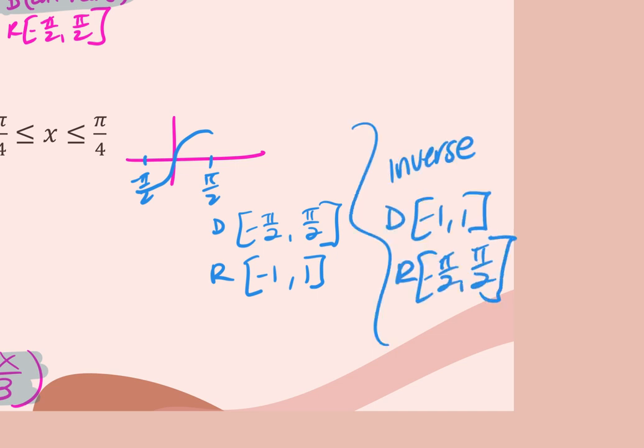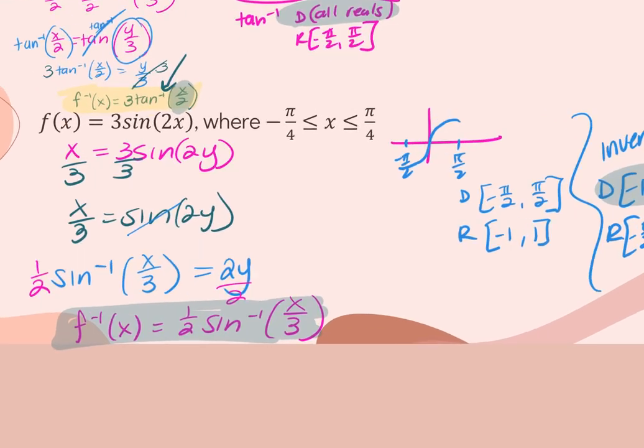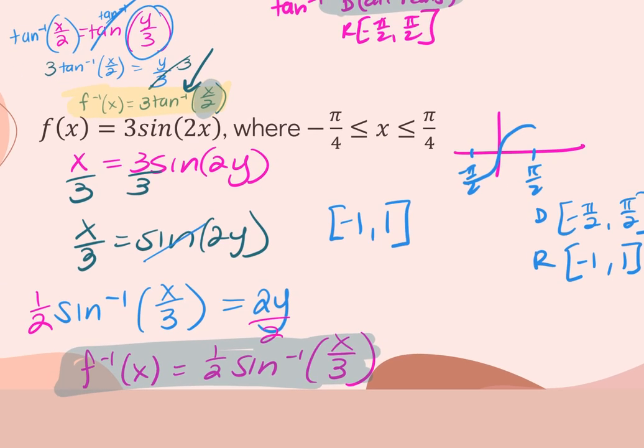All we're really worried about here is the domain restriction. So if the domain restriction on my original inverse function is negative 1 to 1, I'm going to go to my equation. What part of this equation would affect my x values or my domain? Does the 1/2 affect your x? No, that would be your y's.